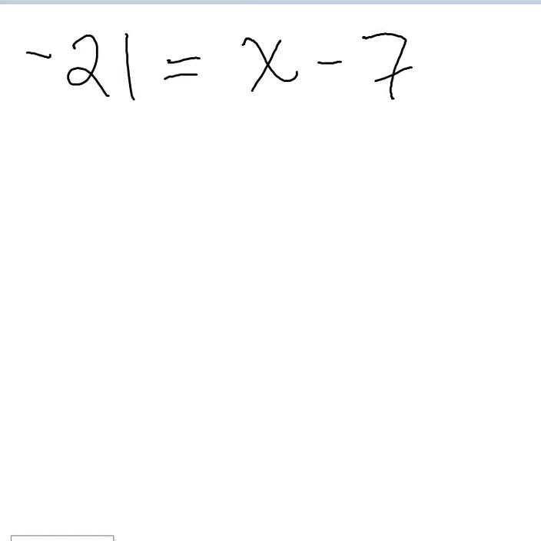Now, what happens if we flip things around a little bit? We do the same thing, we just do it on the opposite side. So again, I look at x and what's in front of it, and I don't touch it. Then I look outside, and that's where I do the additive inverse. So the opposite of minus 7 is plus 7.